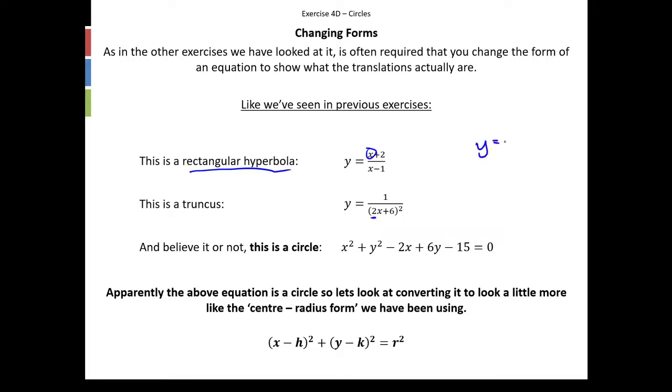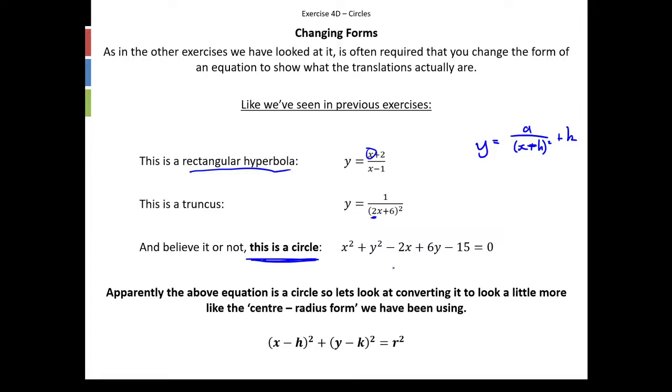The general form or standard form that we're used to is 1 on a over x minus h all squared plus k. There shouldn't be a coefficient inside, and we've shown you how to get rid of that. Now, we also have non-standard form of a circle.